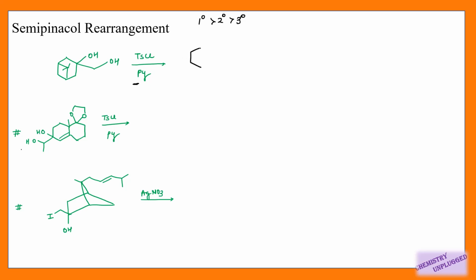Now this tosylate is a good leaving group, and when it leaves we will get a positive charge here, and we can stabilize this positive charge by this oxygen having a lone pair of electrons, but before that we have to shift this positive charge from this carbon to this carbon. Only in that situation can this oxygen stabilize this positive charge.